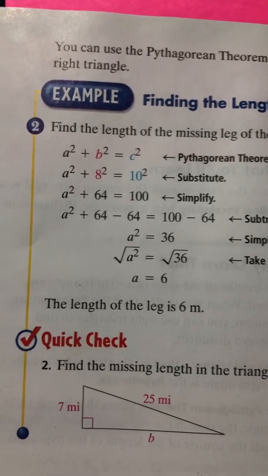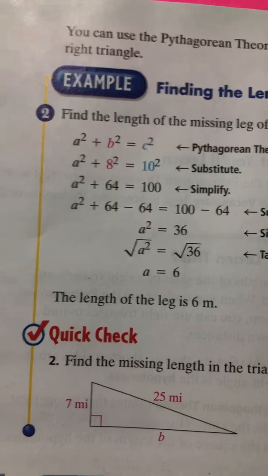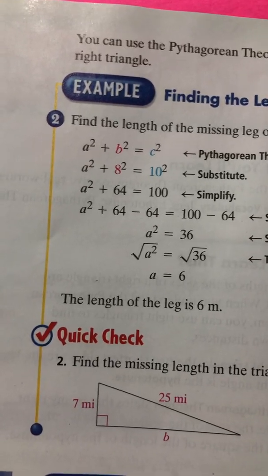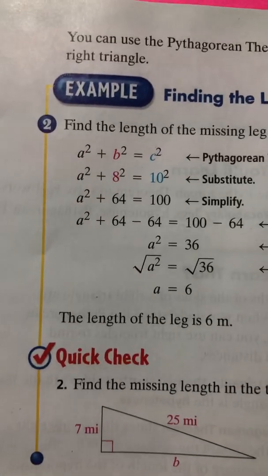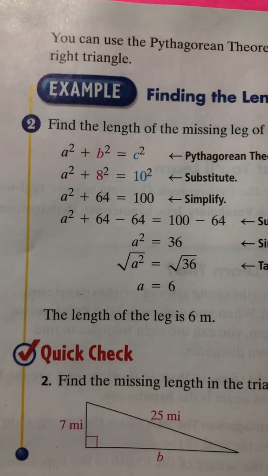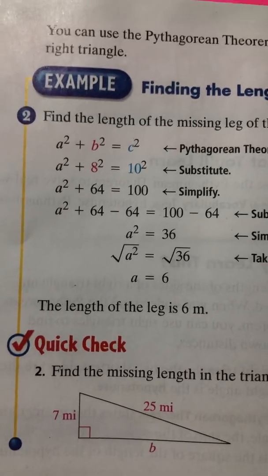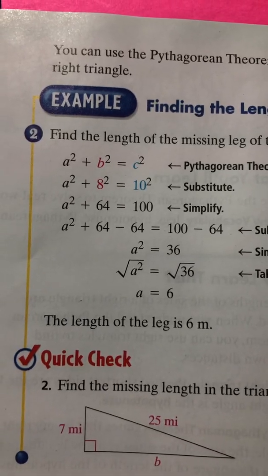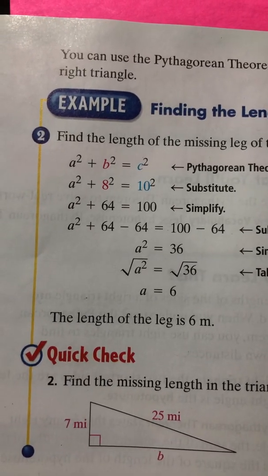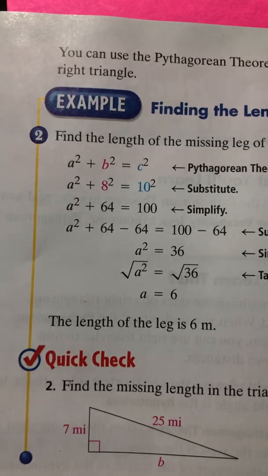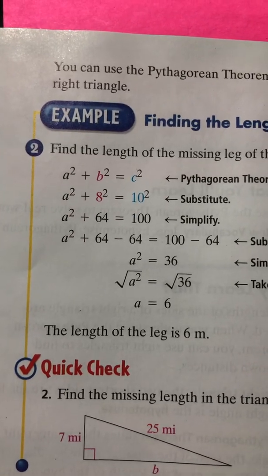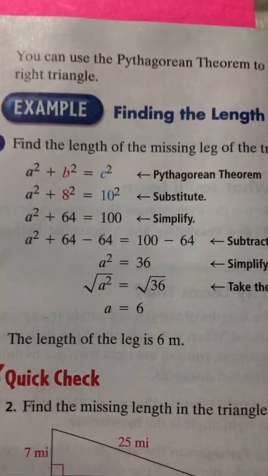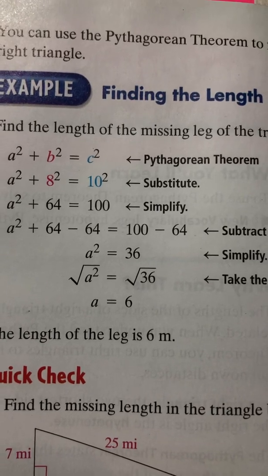So if one leg is 8 and the hypotenuse is 10, they plugged it in. So 8 squared is 64, 10 squared is 100. I can't just add these two. I'm going to subtract 64 from each side because that's what we do with algebra. We have to get the variable by itself. And so what we do to one side of the equal sign, we do to the other. 100 minus 64 is 36.